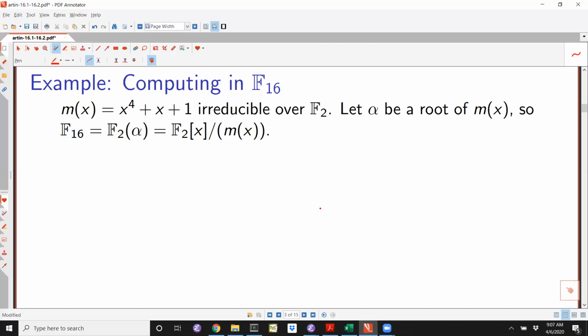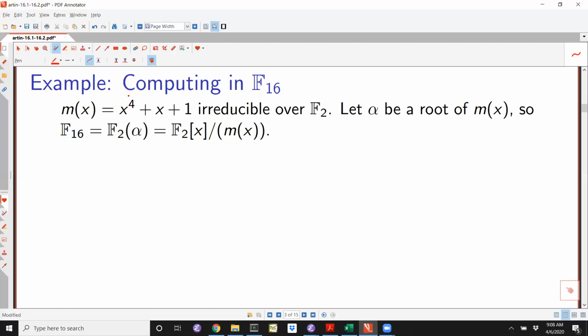Okay, so it is a fact that the polynomial m of x equals x to the fourth plus x plus 1 is irreducible over F2. So let alpha be a root of m of x, or in other words, let's form the field F2 of alpha, join alpha, which is isomorphic to F2[x] mod m of x.